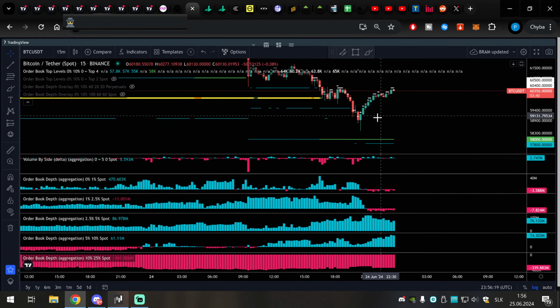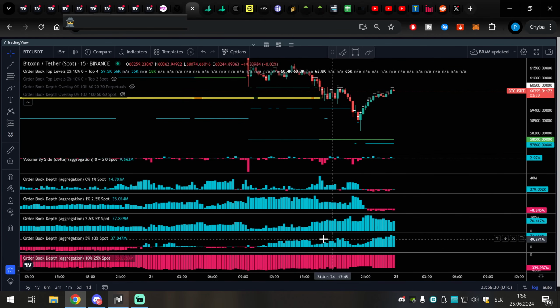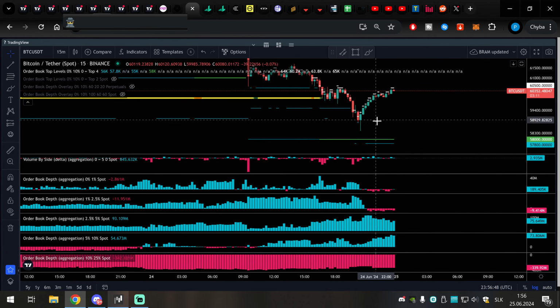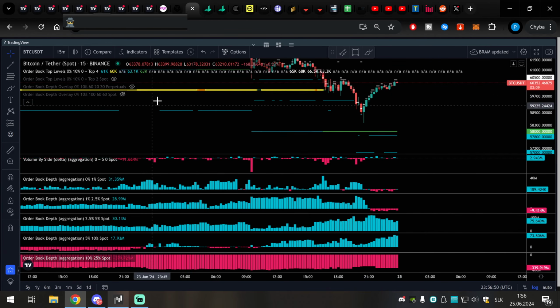We are seeing spot is selling a bit, like spot is distributing into the highs. But on the high time frame spot, there was some decent buying here. The distribution locally started over here, but the higher time frame spot buyers started already from the lows and they keep adding. They added like 50 million already. Not bad at all.